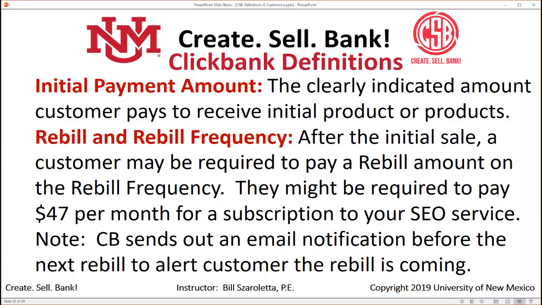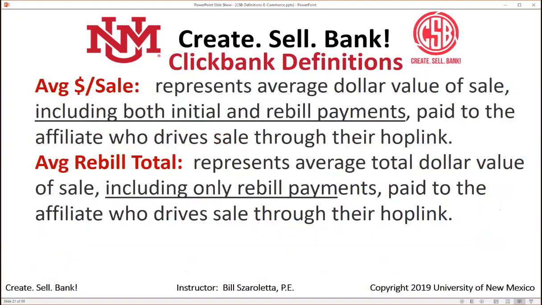A customer may be required to pay a rebill amount on the rebill frequency. They might be required to pay $47 per month for a subscription to your SEO service. And it's really important: ClickBank sends out an email notification before the next rebill to alert the customer the rebill is coming. That's to prevent people from just being charged. They've bought something, they forgot what they bought, yet they continue to be charged.